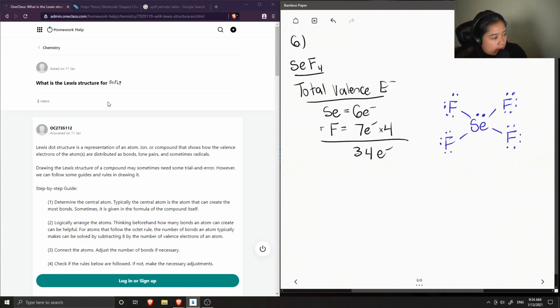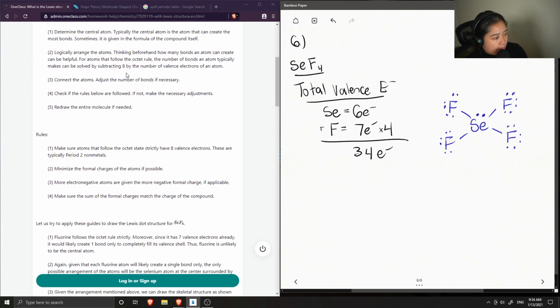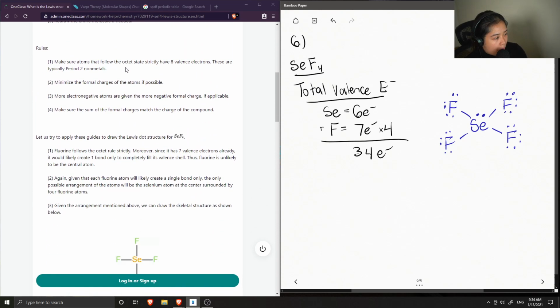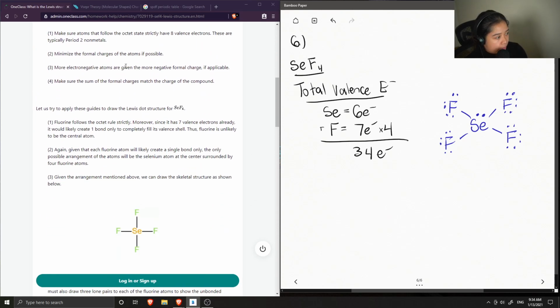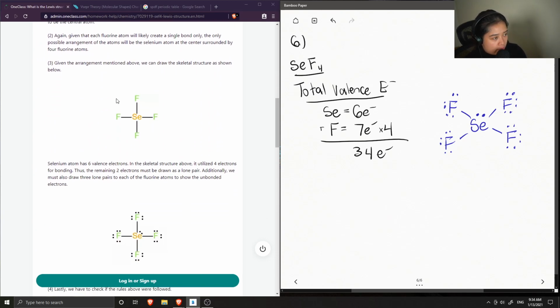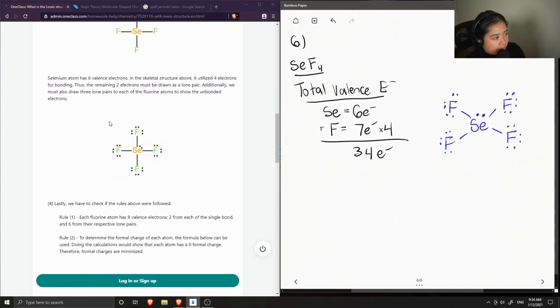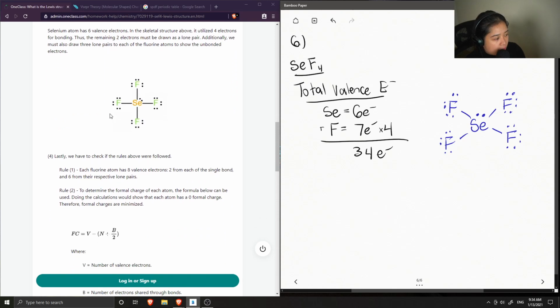Okay, so let's see what the junior tutor said. They have a step-by-step guide. They started off with the skeletal structure, and they explain how they draw all the electrons in.